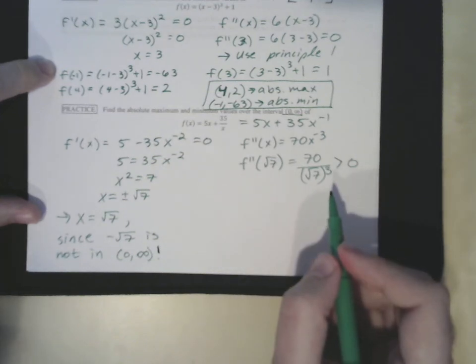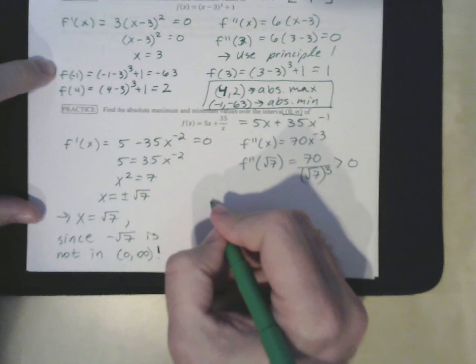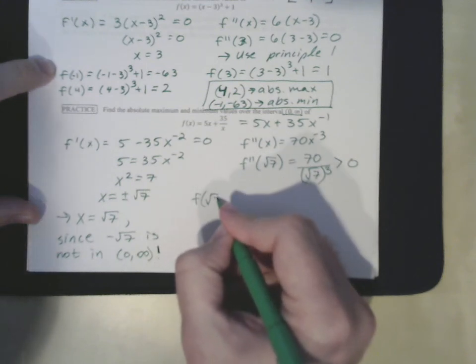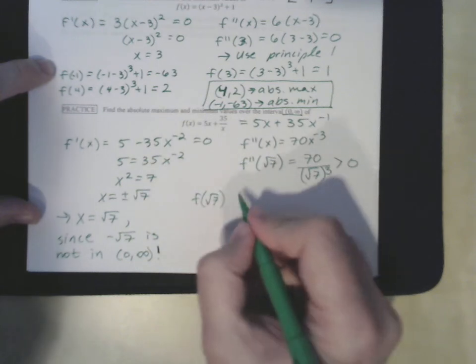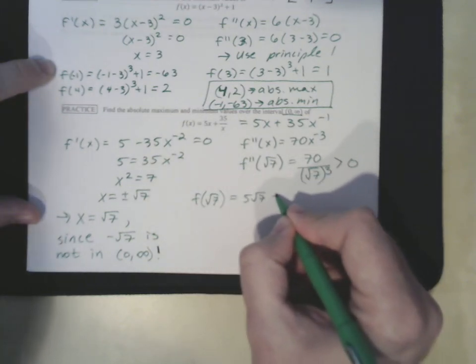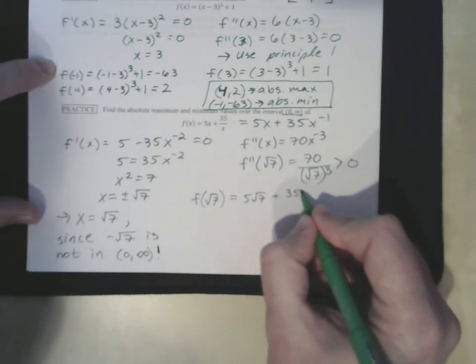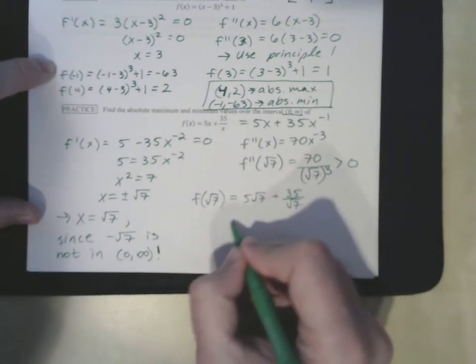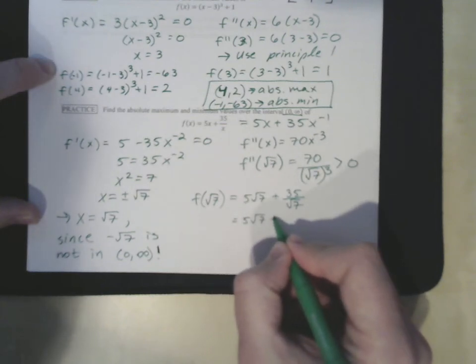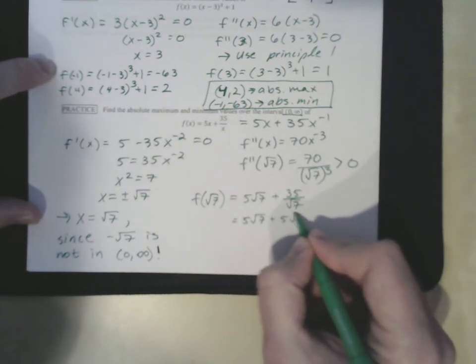And so the square root of 7 means that we need to calculate f of the square root of 7. So this is 5 rad 7 plus 35 over rad 7, which equals 5 rad 7 plus 5 rad 7.